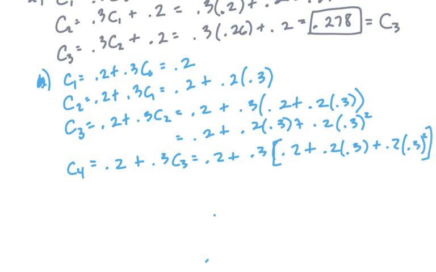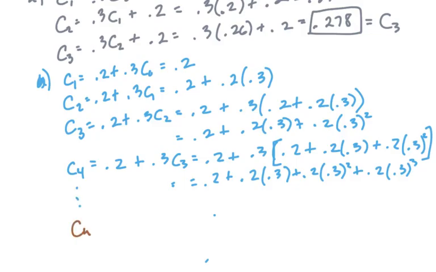So if we distribute this, we get 0.2 plus 0.2 times 0.3, this first term in the bracket, plus 0.2 times 0.3 squared, plus 0.2 times 0.3 to the third. So we can build a pattern now, dot, dot, dot.